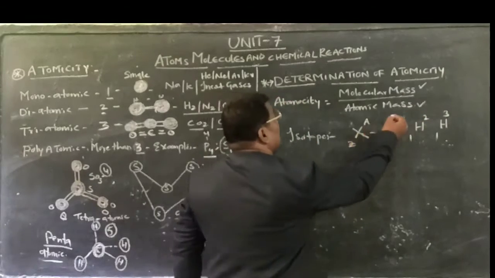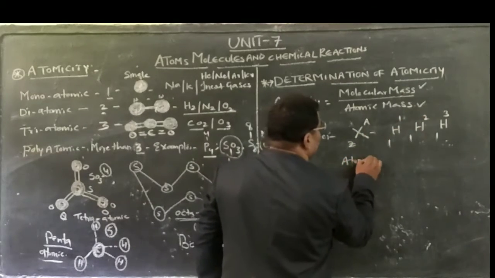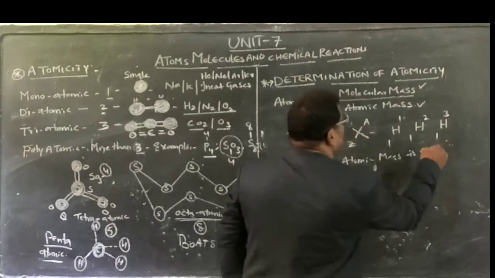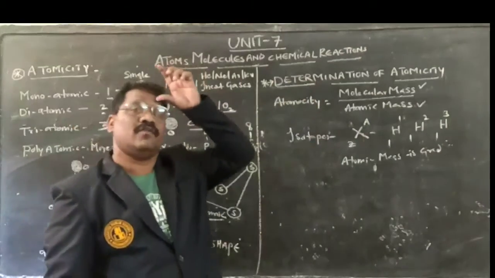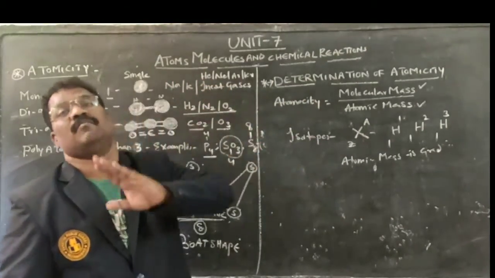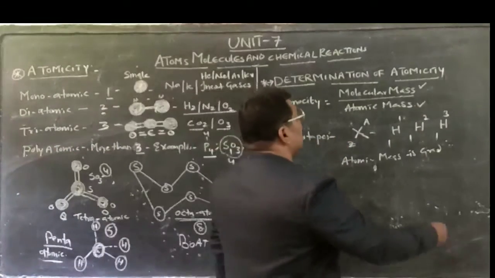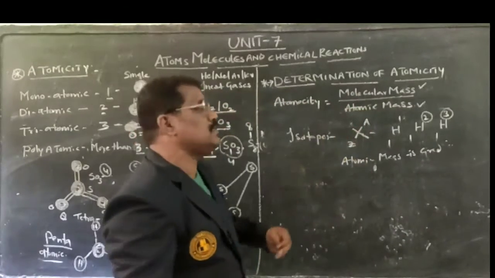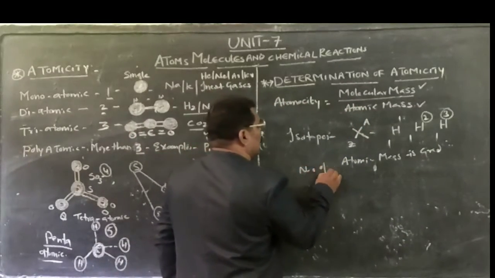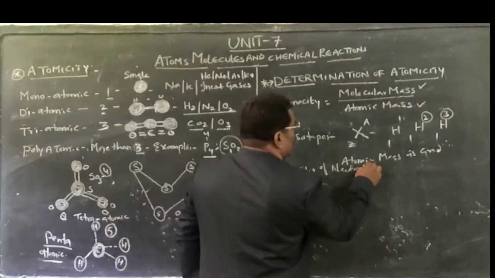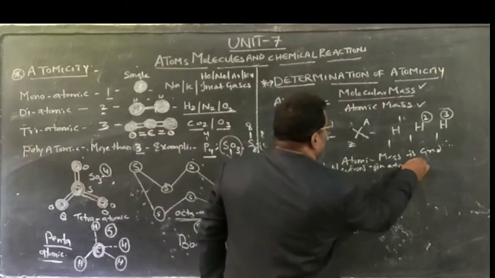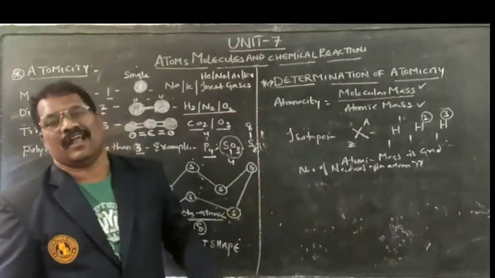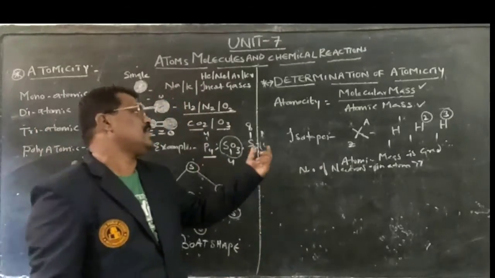Therefore, atomic mass is gradually varying, and due to that reason, atomicity also gradually varies for different elements. Why is it increasing? The number of neutrons in an atom is gradually increasing. As the neutrons increase, the atomicity of an element also varies. That is the answer to the first question.